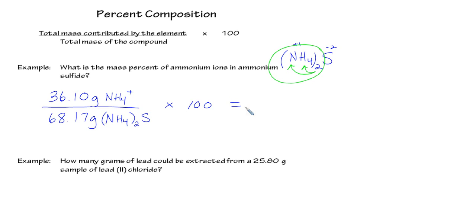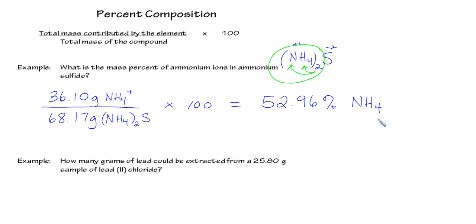So if I don't have any other indicators for sig figs, let's say 52.96% ammonium ions by mass. If you have other data, then I would always go with whatever lab measurements are given. But in this case, it's all constants off the periodic table. 2 decimal spots on a percent is safe.